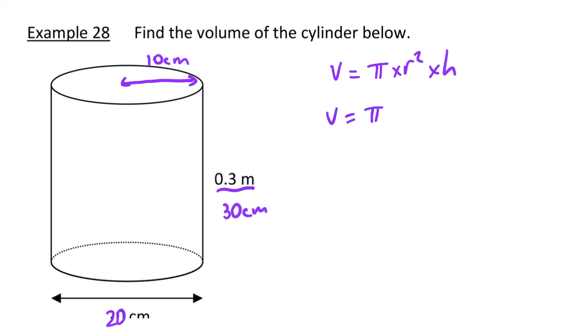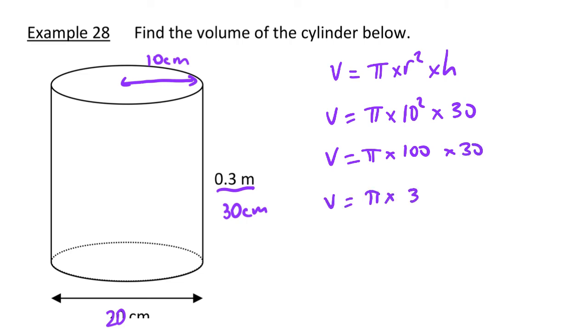So the volume is going to be pi times 10 squared times 30, so that's pi times 100 times 30, or pi times 3000, and that is 9,424.8 cubic centimeters.